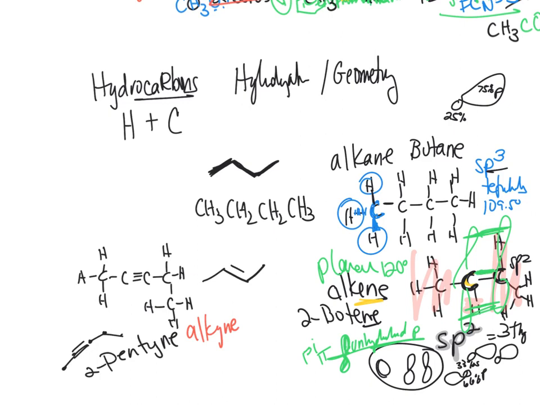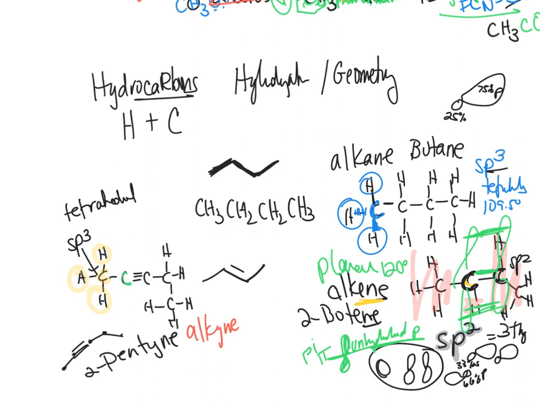Okay, what about an alkyne? We see here that this carbon has 1, 2, 3, 4 things. So this is an sp3 hybridization, and that's tetrahedral in shape. So that means there's the dash and the wedge.